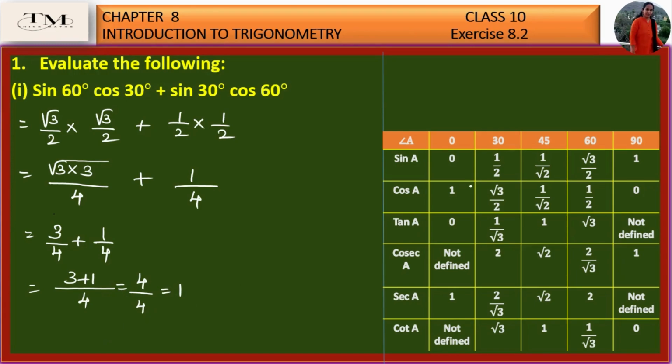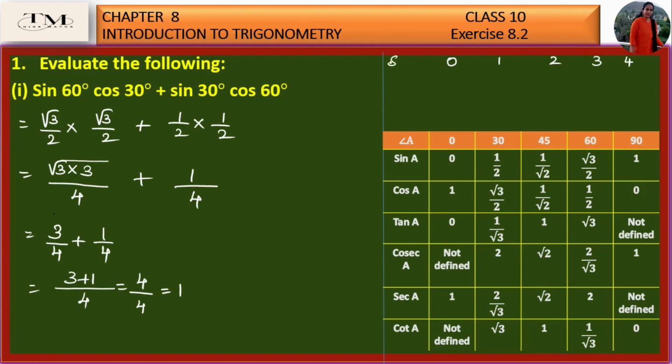So this trigonometric table is very important. You must all remember this table. Suppose you forgot this table, you have a trick. First you frame the table for sine values. Write the numbers 0, 1, 2, 3, 4.